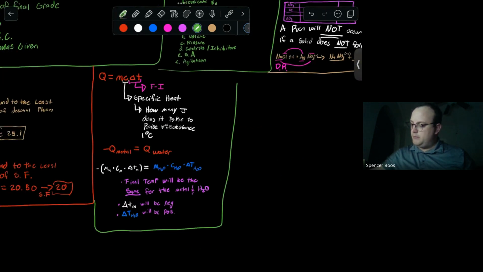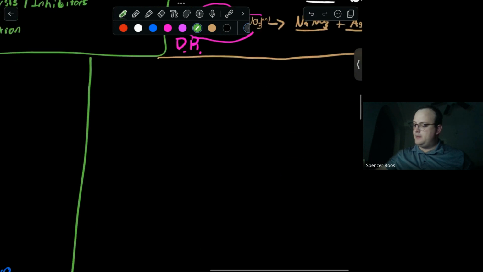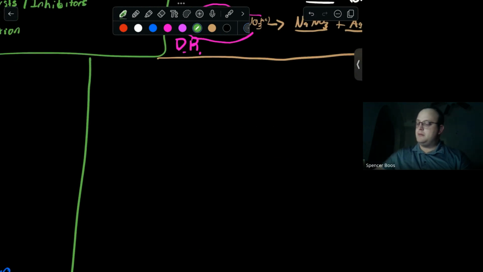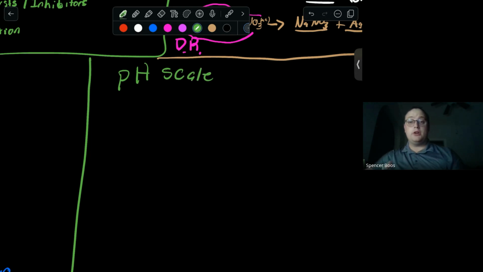Let's talk about the pH scale. So if you recall, we are able to calculate pH or pOH given pH, or OH minus, or H plus, depending on what we're given.